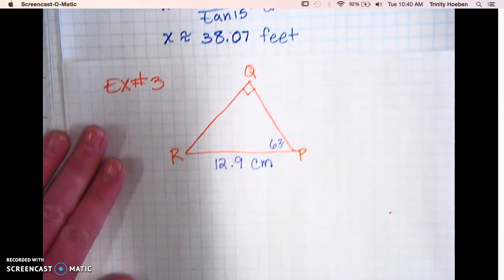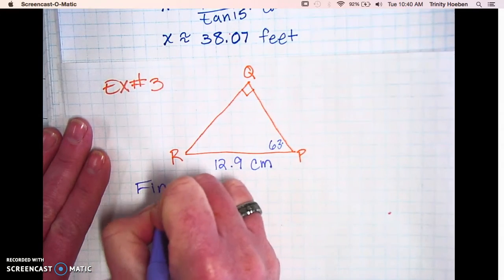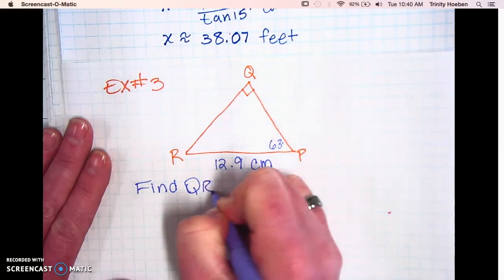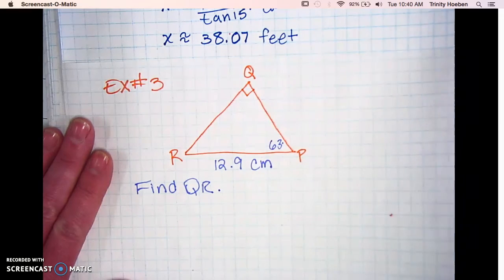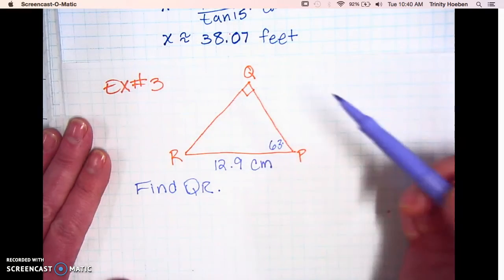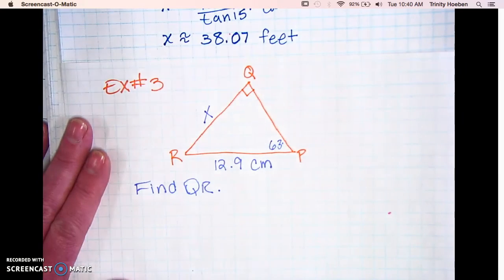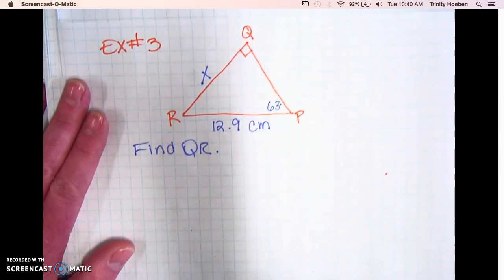And this time, the directions are for us to find the length of QR. So if we're asked to find QR, we go over to that side and we write a what? An X. Fill in our variable X so we can put it into our trigonometric equation.